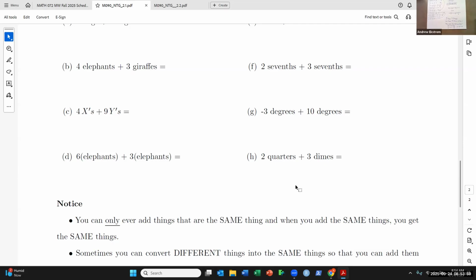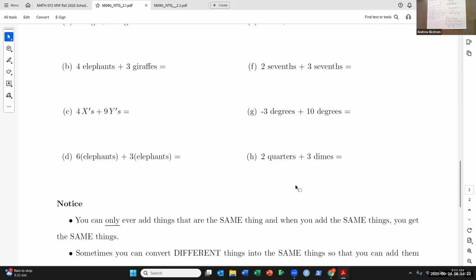So instead of quarters and dimes, talk about pennies. How many pennies go into a quarter? How much is a quarter worth? 25 cents. How much is a penny worth? 1 cent. So how many pennies go into a quarter? 25.